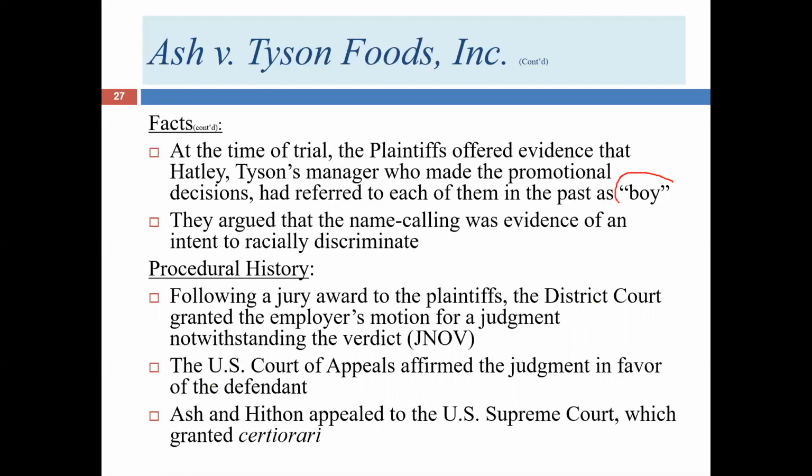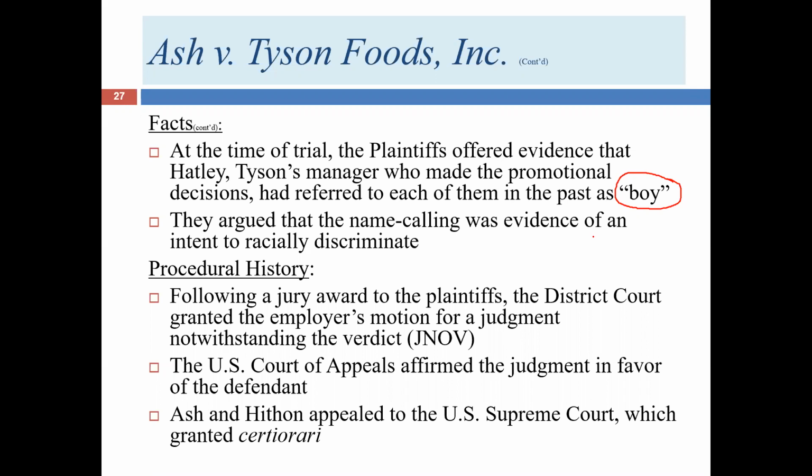And that suggests, obviously this is a very fraught term with a lot of historical meaning, where African-American men have been infantilized by referring to them as if they were not adult individuals. And so this name calling the plaintiffs alleged was evidence of a racial bias.